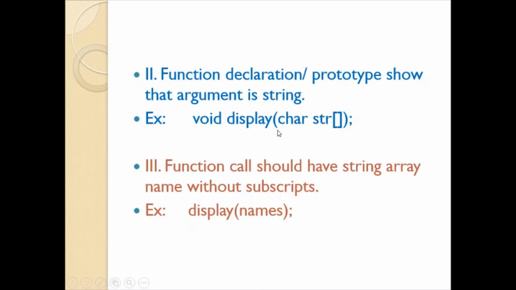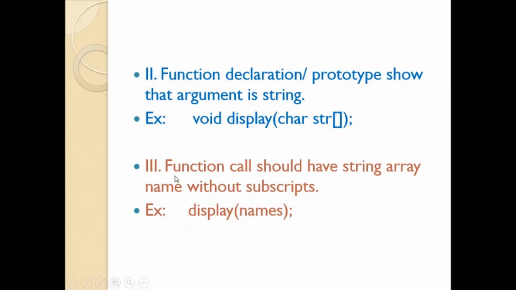So whenever you are passing strings as an argument to any function, in the function declaration you should show that the formal parameters are strings. Hence you declare the string in this function prototype, that is char str, where str is the string name along with the subscript you have mentioned.